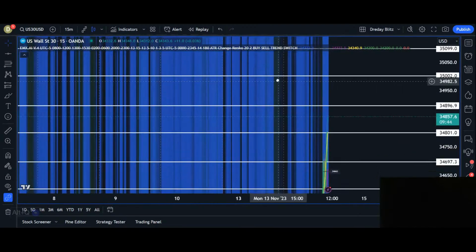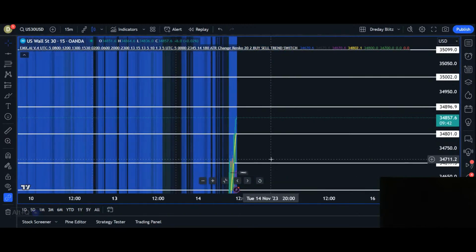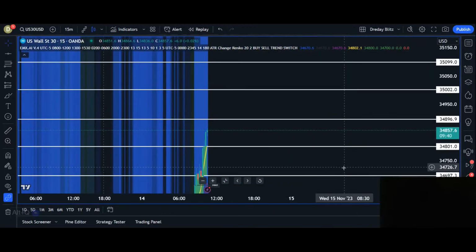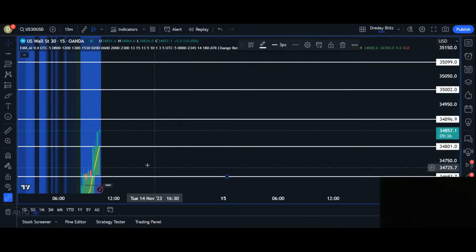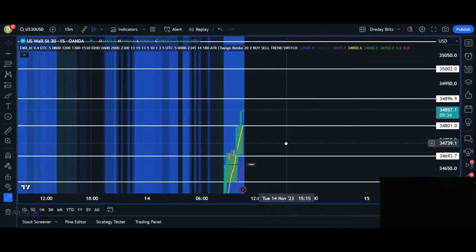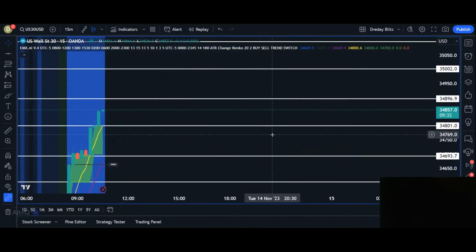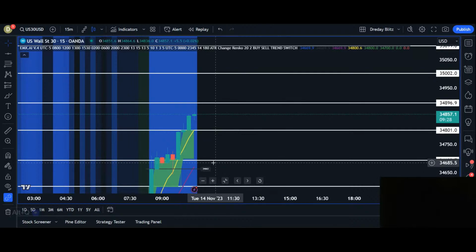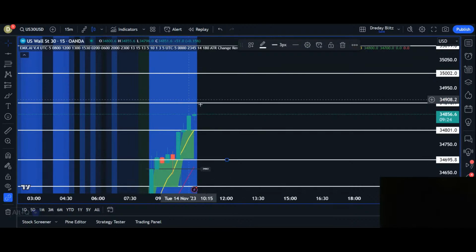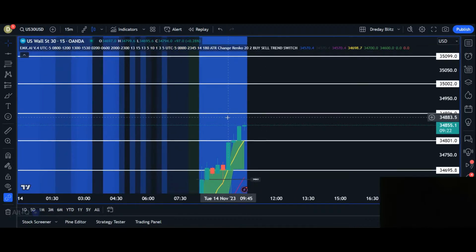Okay, so far we are right here. So that means that the next zone that the price should go to is right here. Okay, around that price.